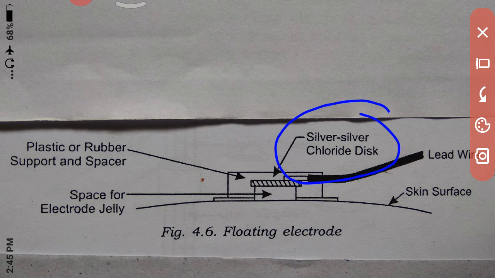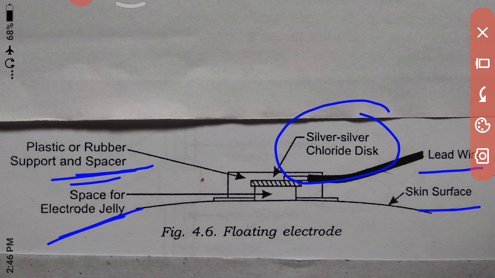Second is a lead wire connector and skin interface, and space for the electrolyte jelly to get a proper reading from the human physiology. We also have plastic and rubber supporting here, so that once we keep this body surface electrode on the human scalp, we can hold it onto the head. Otherwise it sometimes will not give a proper reading, so we prefer the plastic or rubber support spacer here.